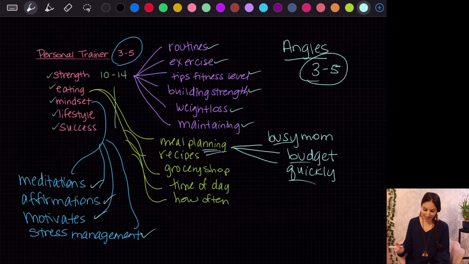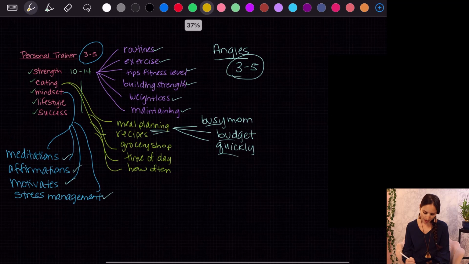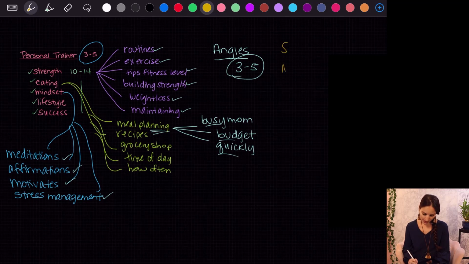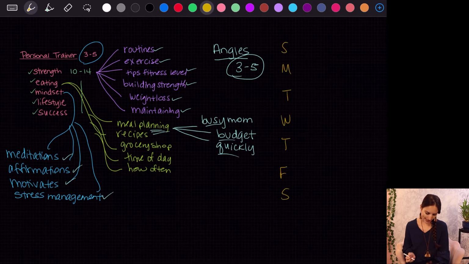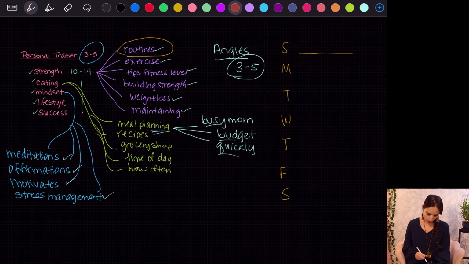And then you can pick a different day of the week for each one of these, and then you can post. So let's move this over here, make it smaller, and we have the days of the week here. And now you could say, I want to talk about exercise routines on Sunday. I want to talk about recipes on Monday.